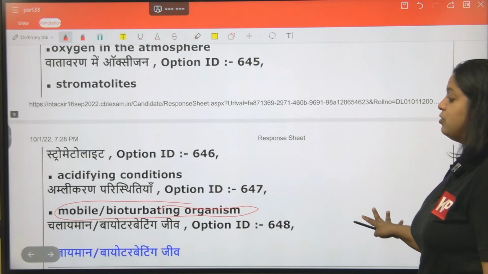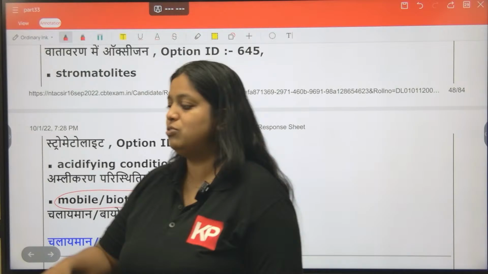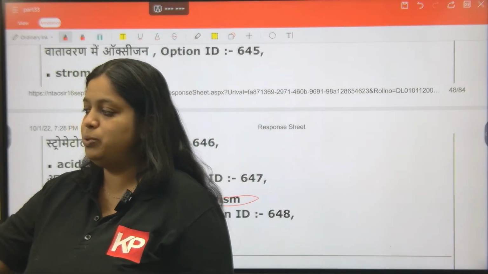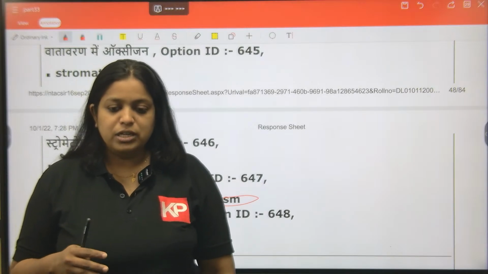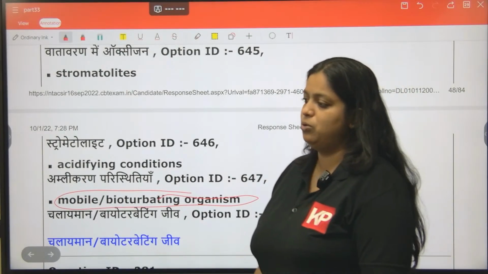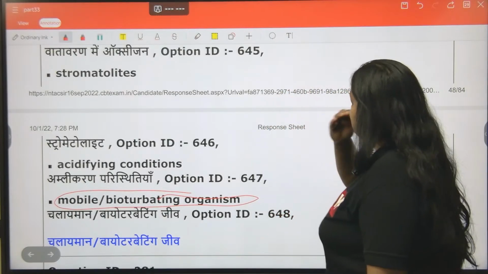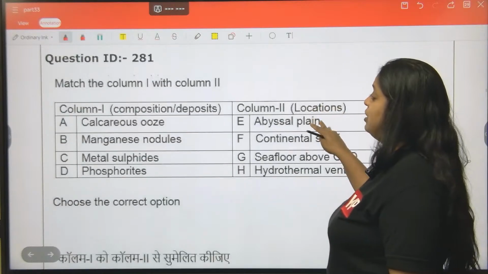Another thing is, for a soft-bodied organism, bioturbation and all other such things require a strong exoskeleton, and here those hard exoskeletons are not available. So this is the process that is absent, which helped in the preservation of Ediacaran fauna.